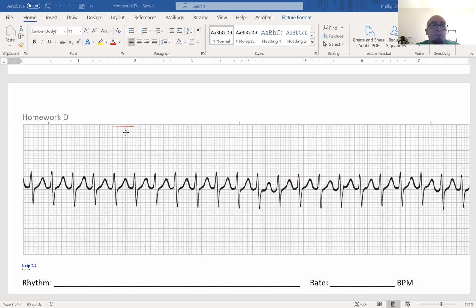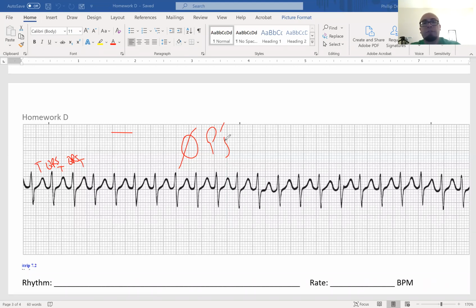Step 2, check for your waves. And you notice that after your QRS, you have a T wave and then another QRS, QRS, T, QRS, T, so on and so forth. So we have no P waves, zero Ps.